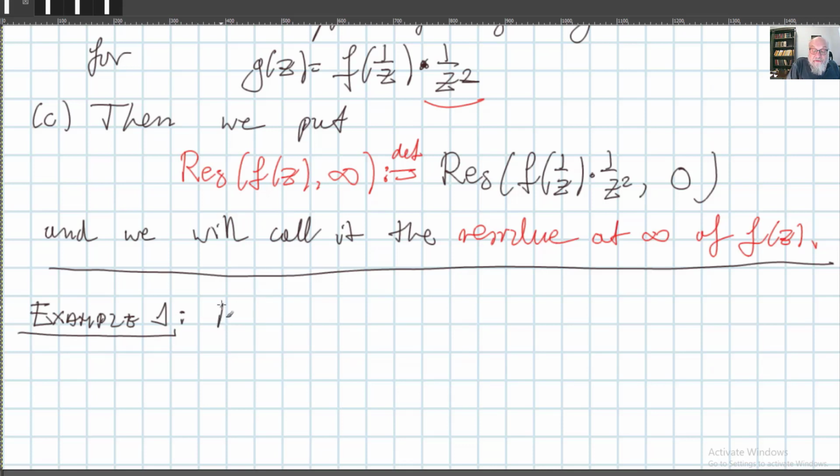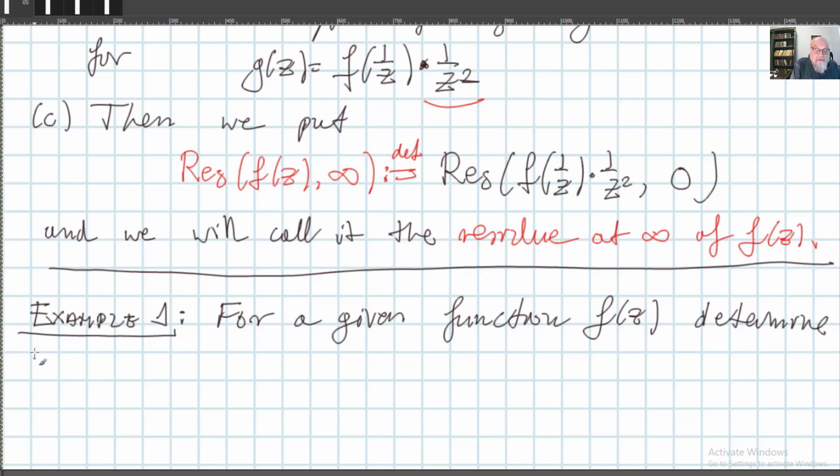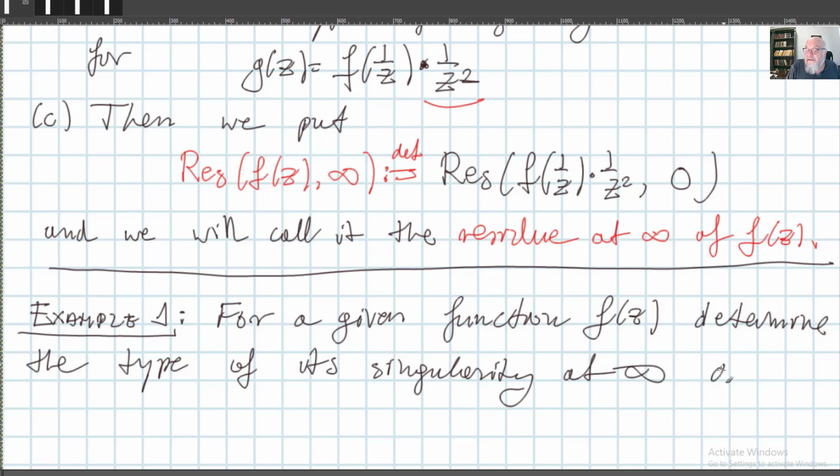And let's say, for a given function f of z, determine the type of its singularity at infinity, and if it is isolated, compute the residue at infinity.